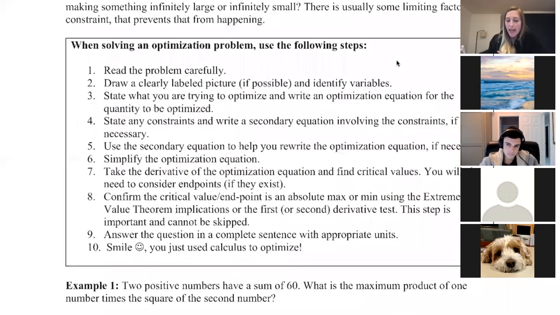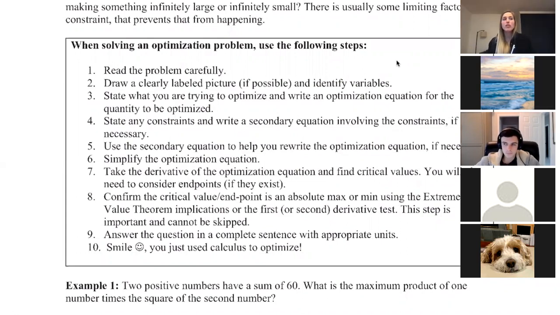You then need an optimization equation for the quantity that you're trying to optimize. So if you are trying to maximize volume, you need a volume equation that has volume in it, or an equation where you could solve for volume. If you are trying to minimize cost, you need a cost equation.